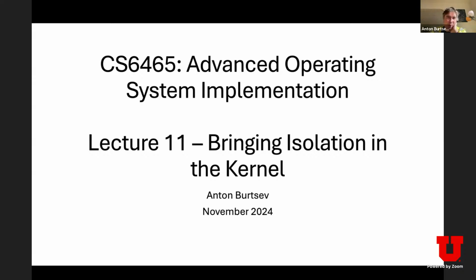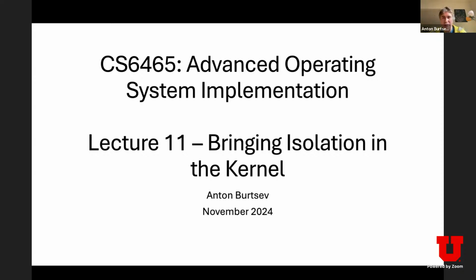But anyway, the point today is we're going to talk about the possibility of bringing isolation into the monolithic kernel. For the last couple of weeks, we talked about isolation as a mechanism to improve security in the kernel. And specifically last week, we discussed in detail different isolation mechanisms which exist in modern CPUs.